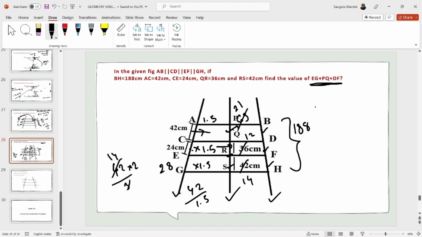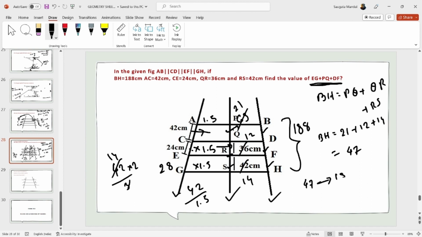And what is the value of BH? That means PQ plus QR plus RS. BH equals 21 plus 12 plus 14, that means 47. 47 times 4 is equal to the given value 188.